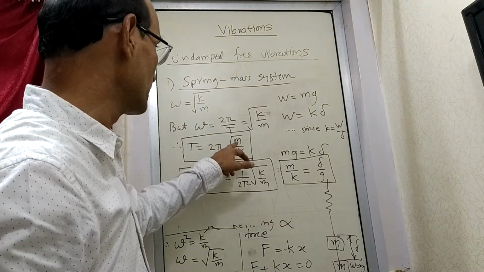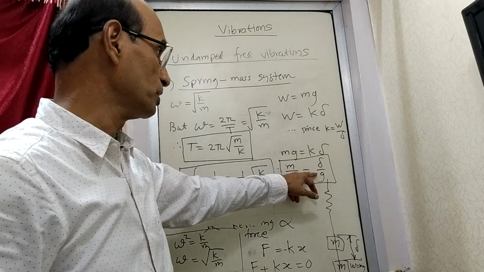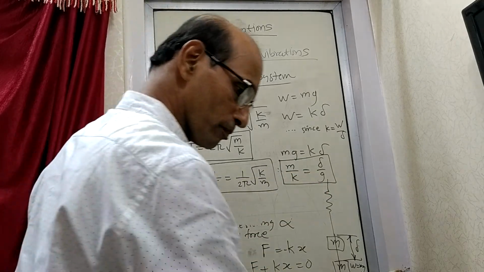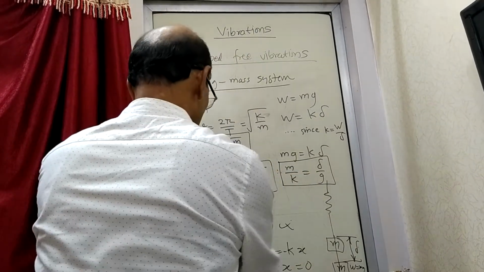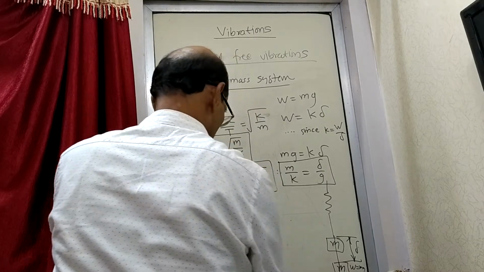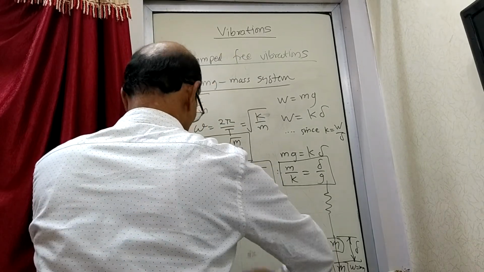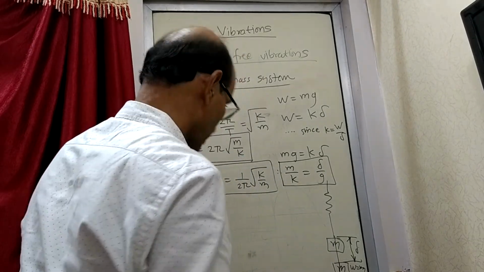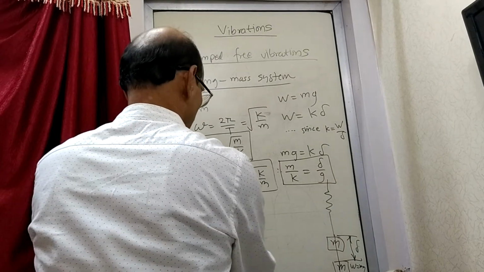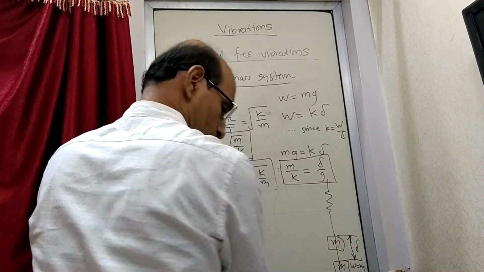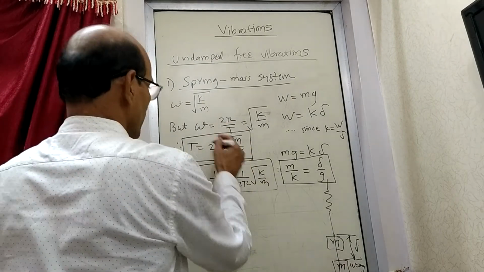So if you replace this m upon k by delta upon g, then that gives you another equation which is simple to use. See why we have derived this. I'll write the same thing here.